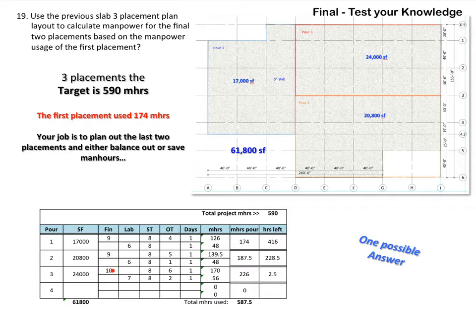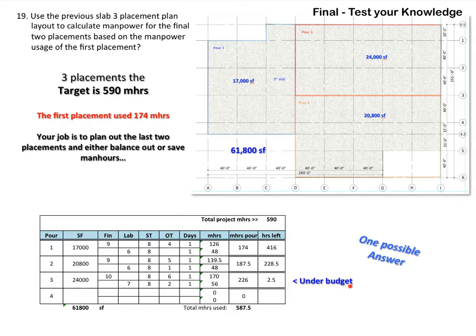And on pour number 3, 10 finishers, 8 hours with 6 hours of overtime and 7 laborers for 8 hours with 2 hours of overtime, give you a total of 226 man hours with 2.5 man hours left over, under budget. And also, just please note, this is one possible answer.